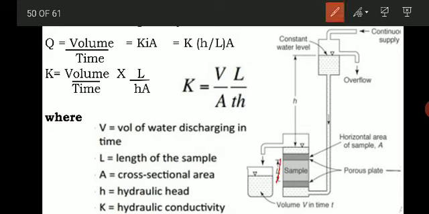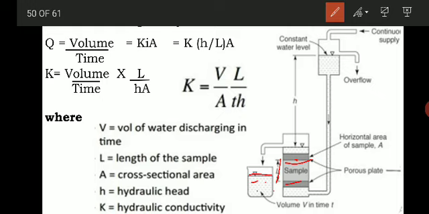Here, whatever volume of water is collected in time t, you can measure. Then this shows the horizontal area of the sample, that is A, and there is a porous plate included in between the sample. So here what is done in this method, we'll see.